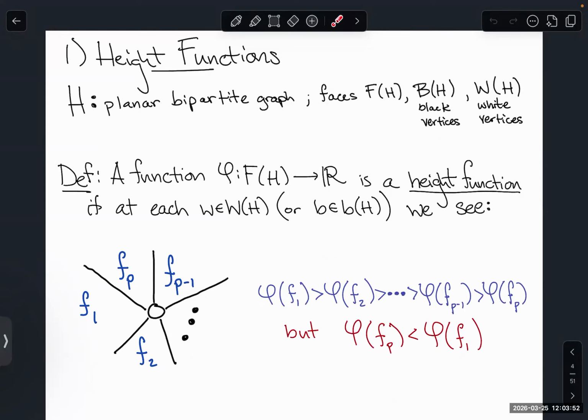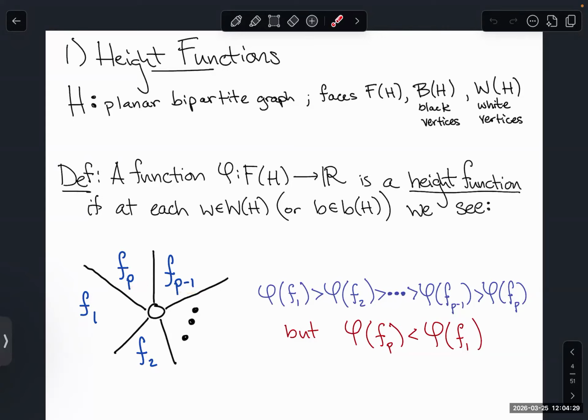So to define height functions, a little bit hand wavy, if we have a planar bipartite graph H with faces f of H, black vertices b of H, and white vertices w of H, we can define a height function to be a function on the faces that gives some sort of real valued assignment, such that at each white vertex, or we can consider black vertices, but we only need to consider one of these two, we see this local picture where we have face labels f1, f2, all the way to f_{p-1} and f_p.